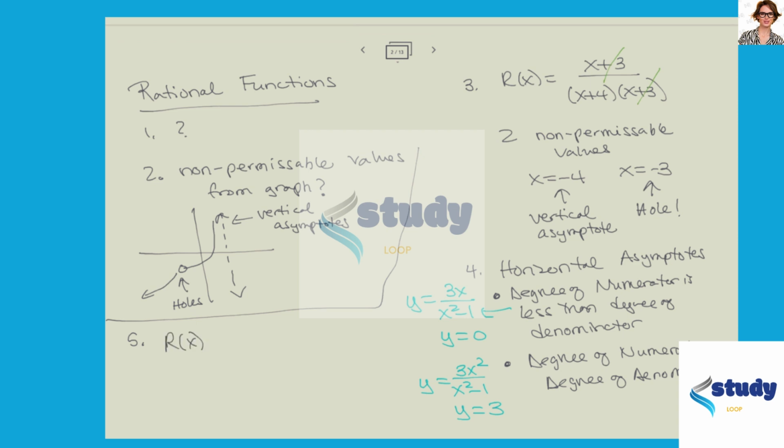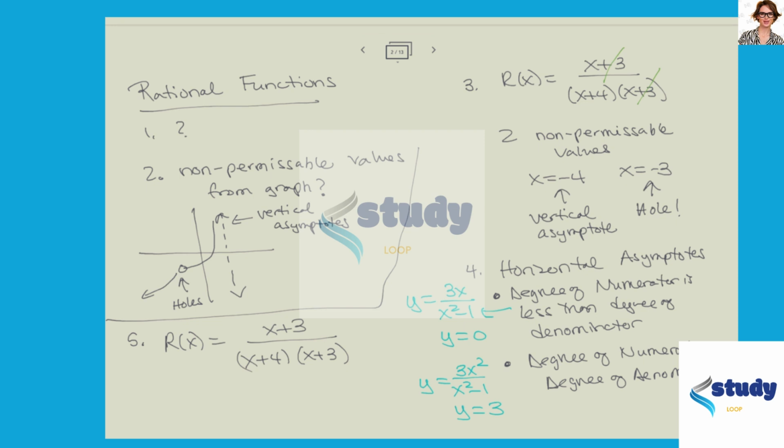So 2 non-permissible values could be just like what we saw up here. You could have x plus 3 over x plus 4 times x plus 3. And again, you're going to have 2 non-permissible values, -4 and -3.